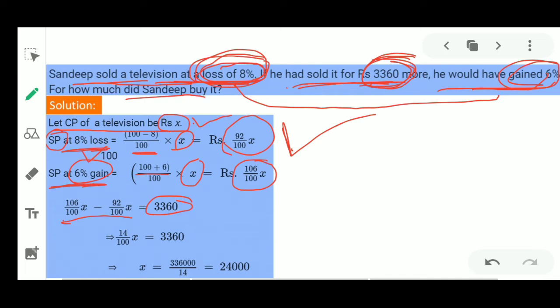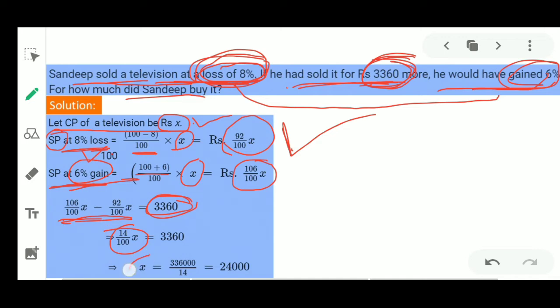That is the difference between the selling price at 8% loss and selling price at 6% gain. So as you can see, denominator is same. So 106x minus 92x, that will give 14x by 100 equal to 3360.